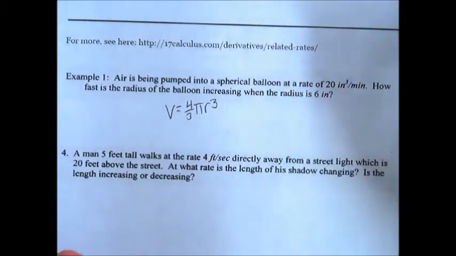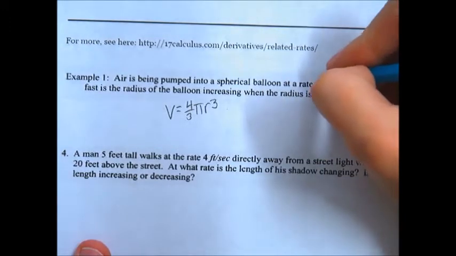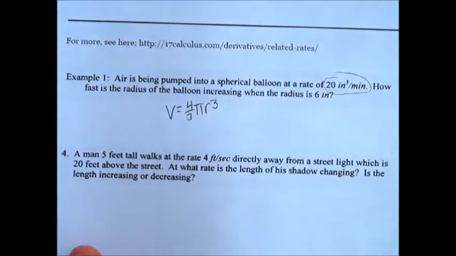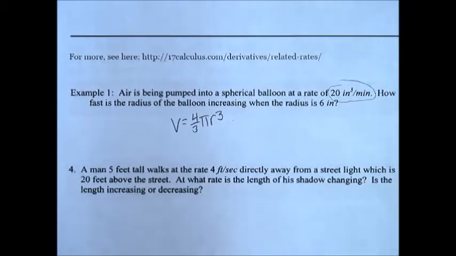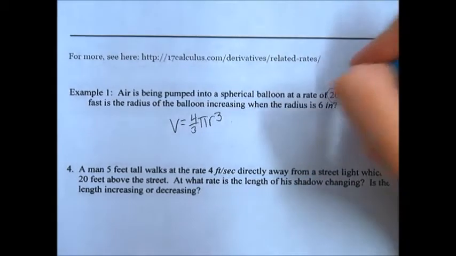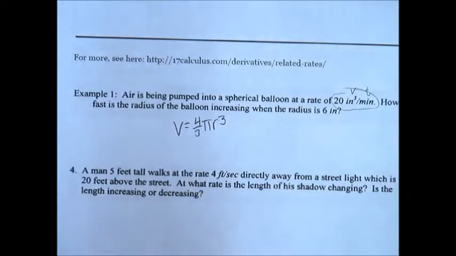We know that the rate that the volume is changing is 20 inches cubed per minute. I know it's volume because it's inches cubed per minute. That is exactly dV dt. This is a volume measurement. That's a time measurement. So dV dt would be exactly that.